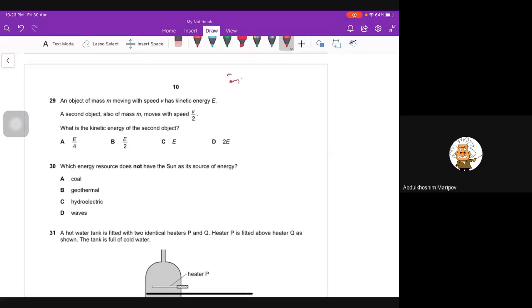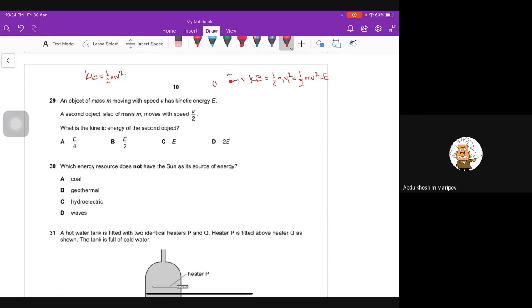The formula, if you remember, guys, is kinetic energy equals 1 over 2 mv squared. So for the first object it is 1 over 2 mv squared, and this is E, of course.